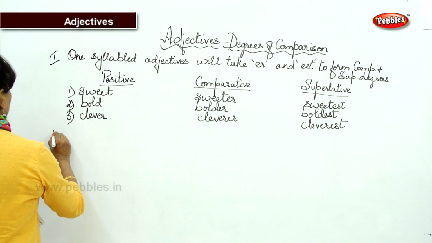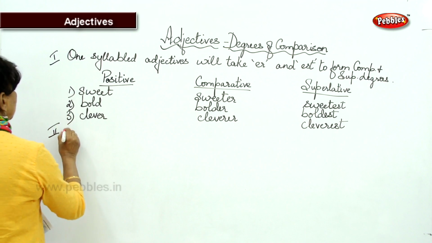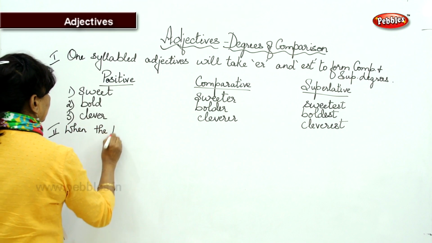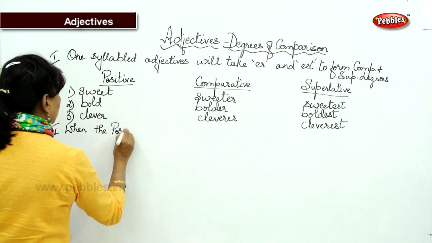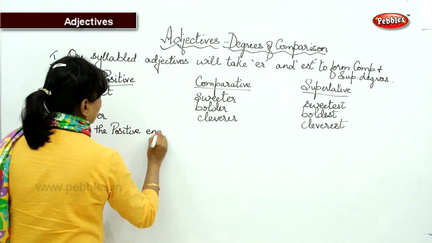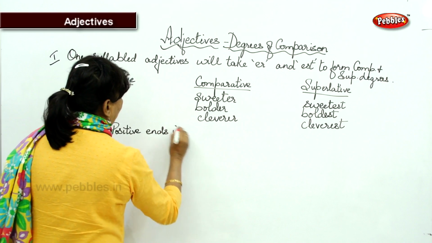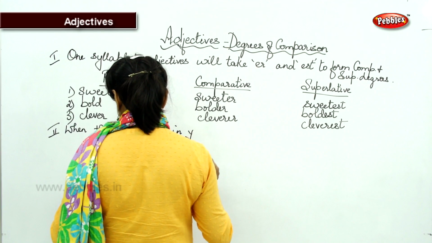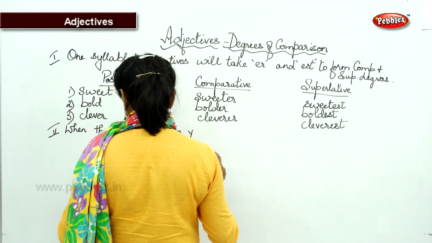the second rule. When the positive ends in Y, what happens?